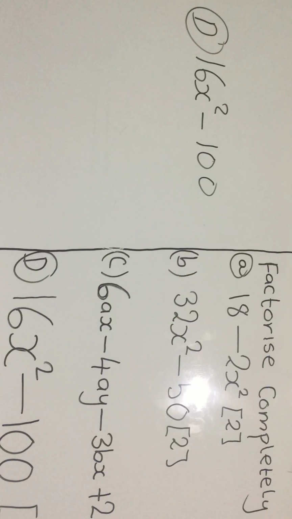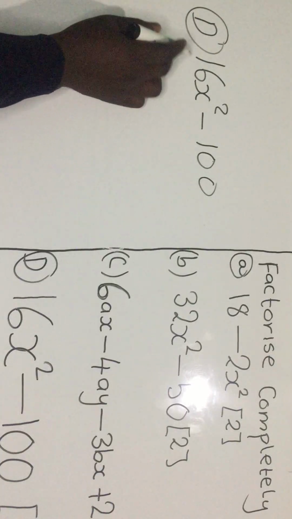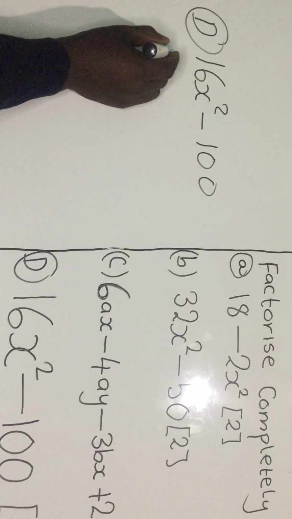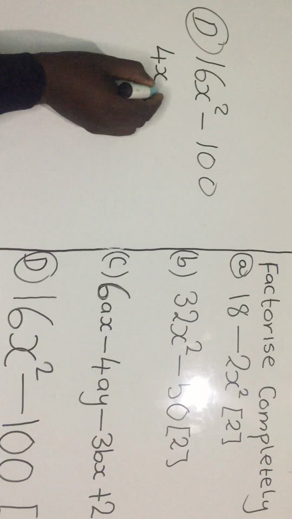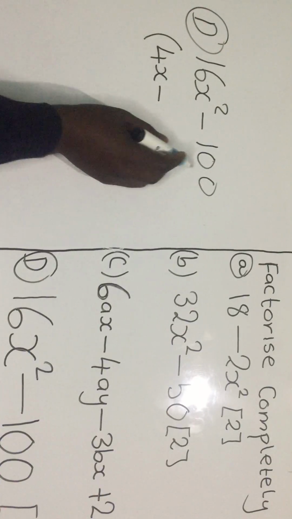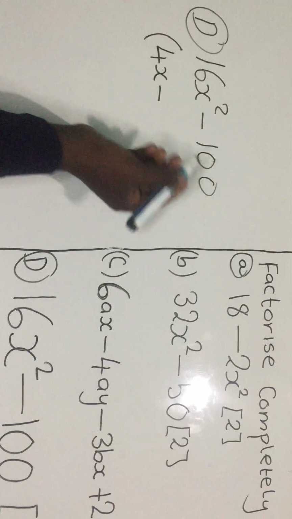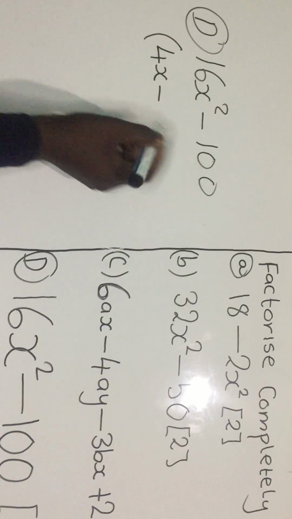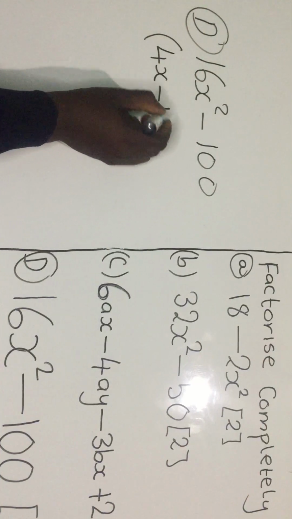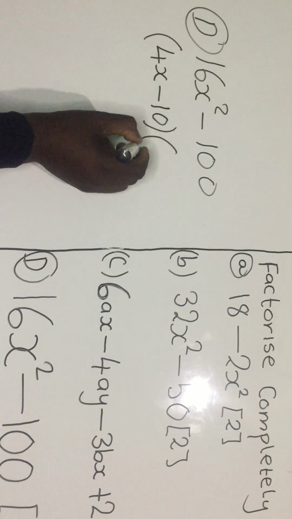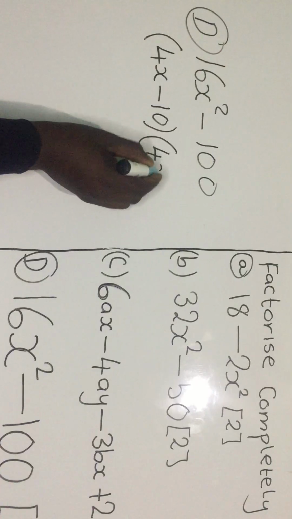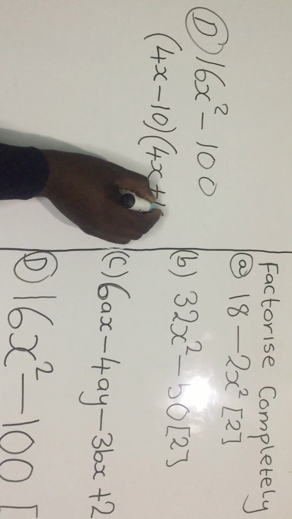Without wasting your time, you just say square root of 16, we know that it's 4x, minus square root of 100, which is 10, because 10 times 10 you get 100. You put it like this. You do another one, which is 4x plus 10.